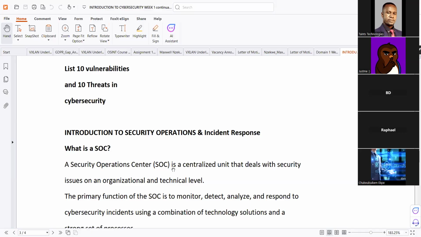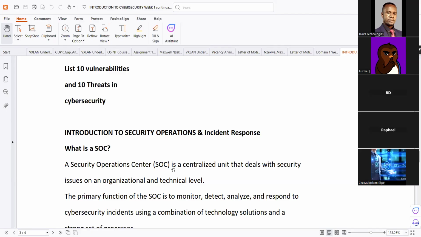Now, we've done that basic refreshing of our minds on those introductory parts. And we talked about security operation centers. What is a security operation center? We mentioned that this is a centralized unit that deals with security issues on an organizational and technical level.